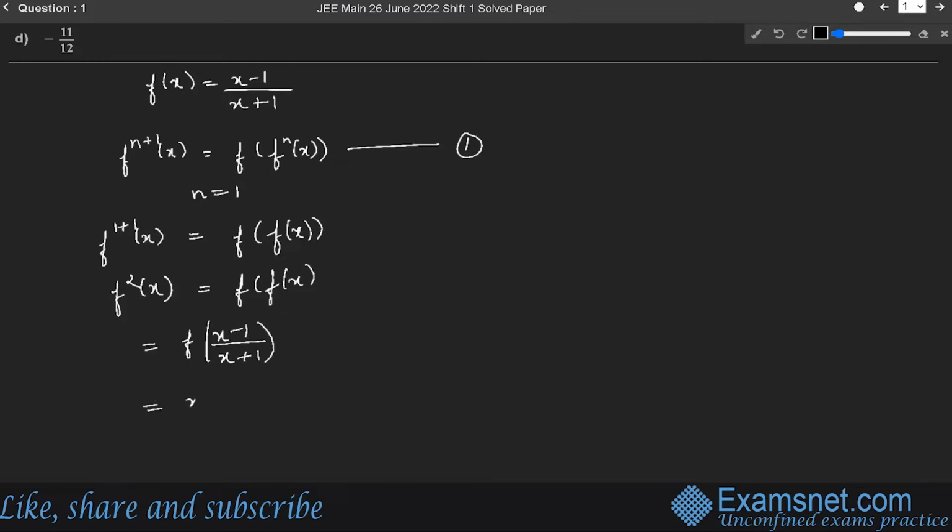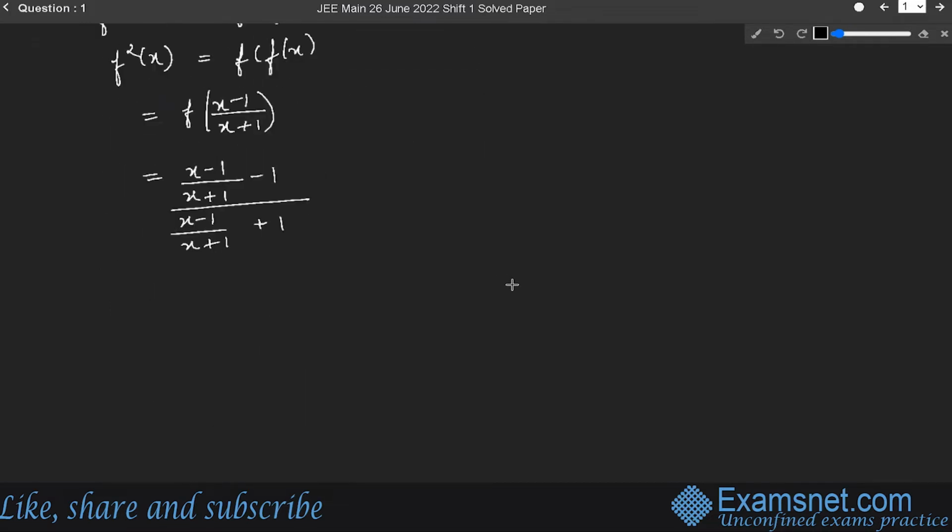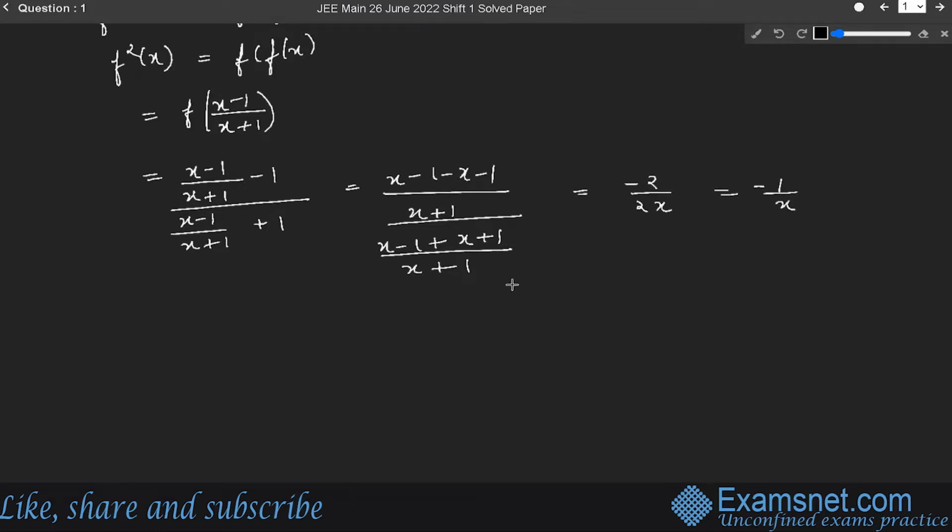Again it will be (x minus 1 divided by x plus 1 minus 1) whole divided by (x minus 1 upon x plus 1 plus 1). On taking the LCM, this will be (x minus 1 minus x minus 1) divided by (x plus 1) whole divided by (x minus 1 plus x plus 1) upon (x plus 1). So it will be minus 2 upon 2x. So this will be minus 1 upon x.